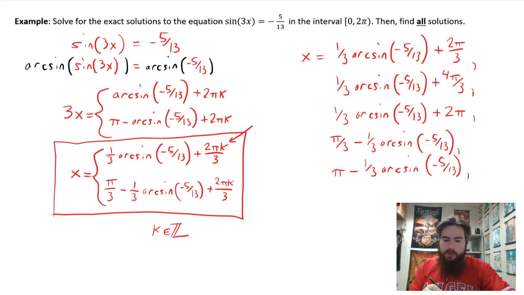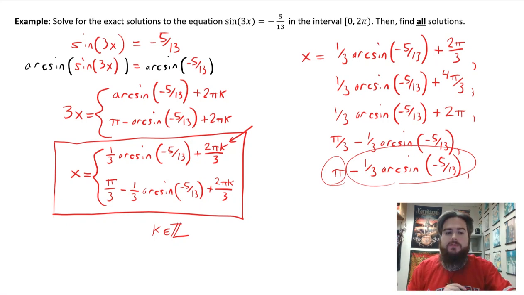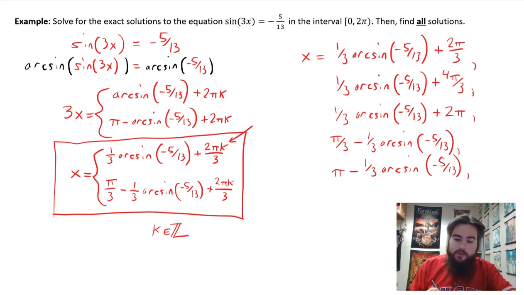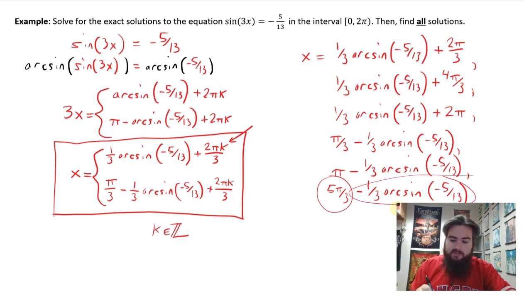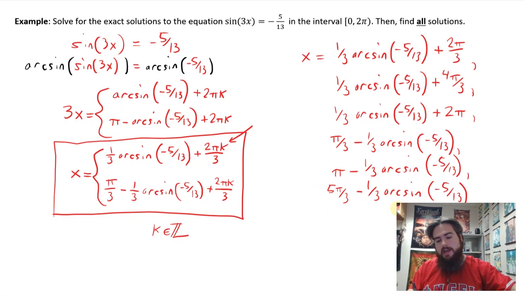This again is going to be pi plus a small angle measure, so that should fit between 0 and 2 pi. As should if I add another 2 pi thirds to this. Pi plus 2 pi thirds is now 5 pi thirds minus 1/3 arc sine of negative 5 over 13. This is now 5 pi thirds plus a very small angle measure. This is still going to fit between 0 and 2 pi.